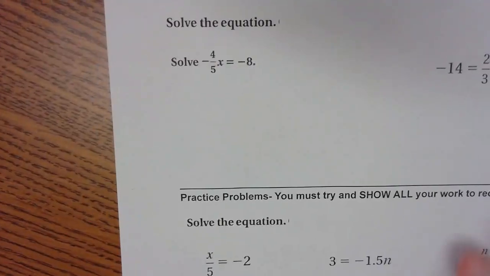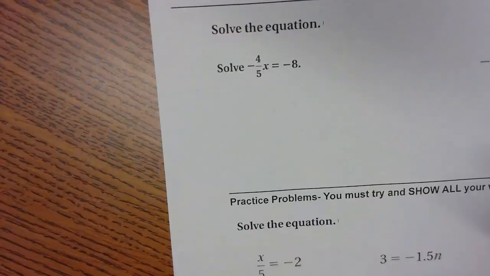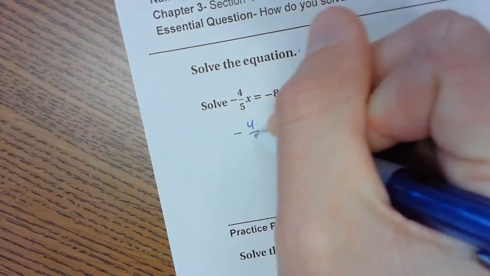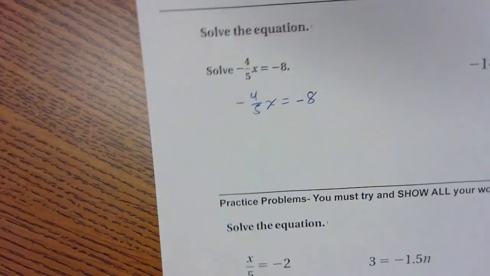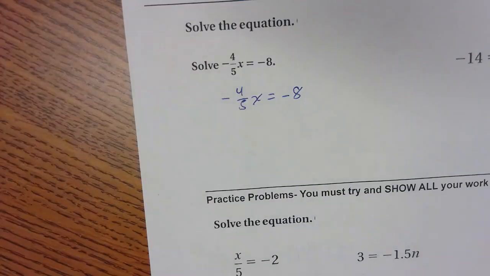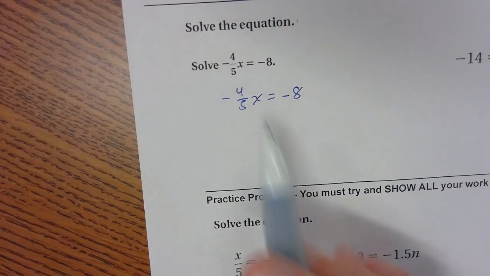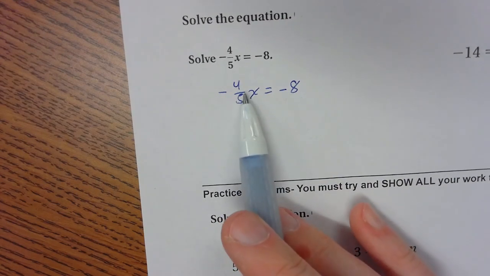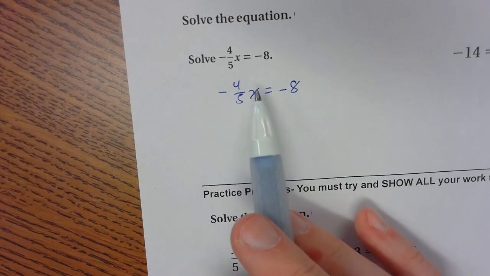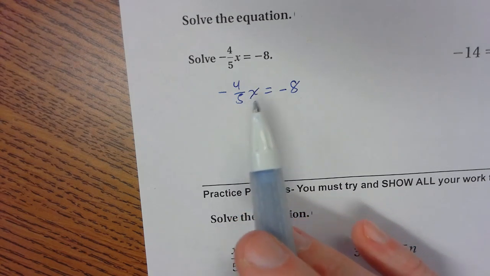Let's flip to the back. The last type of problem we're going to be seeing looks like this. You have negative 4/5 x equals negative 8. Now, we have a number next to a variable, which means multiplication. But my number next to the variable is a fraction. So to divide by a fraction, remember, I'm going to keep, flip, change.